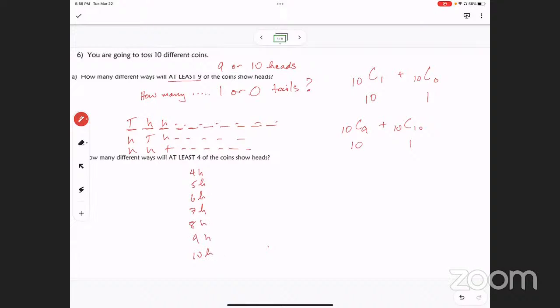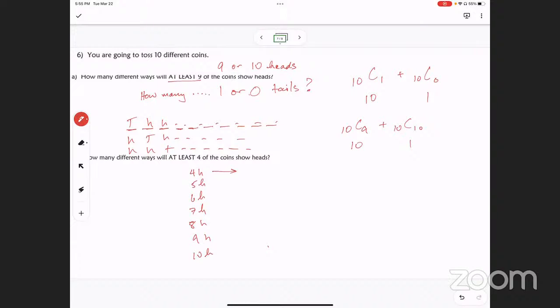Right? So how many ways can you have exactly 4 showing heads?